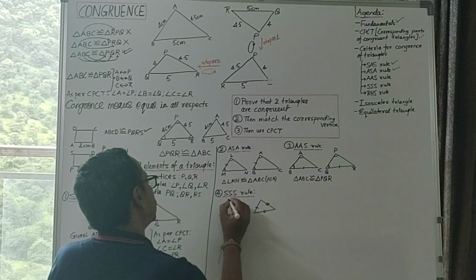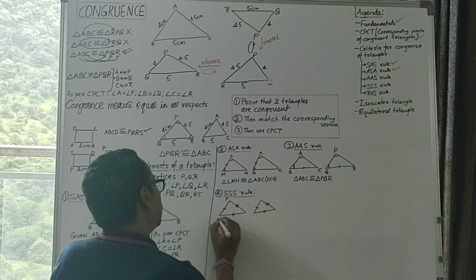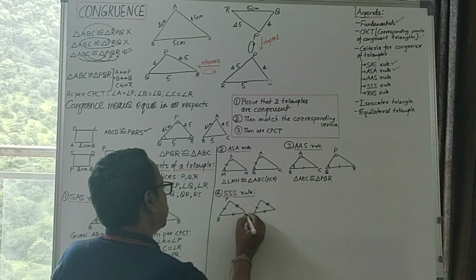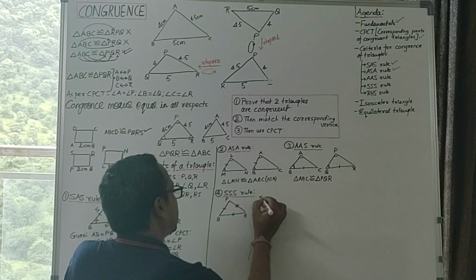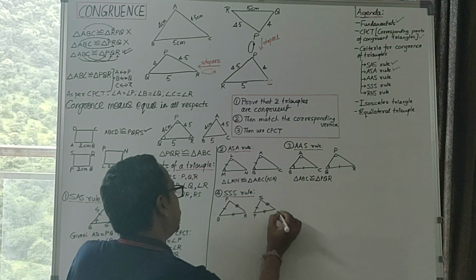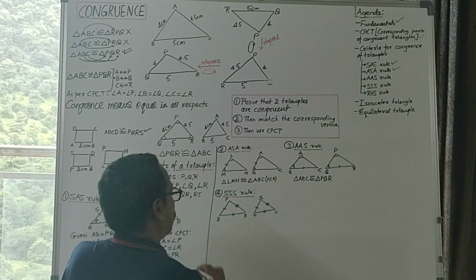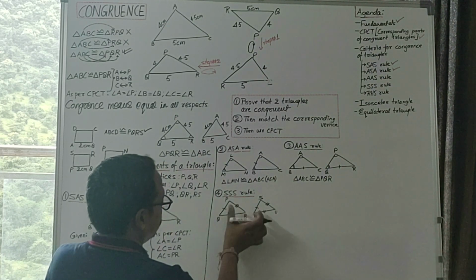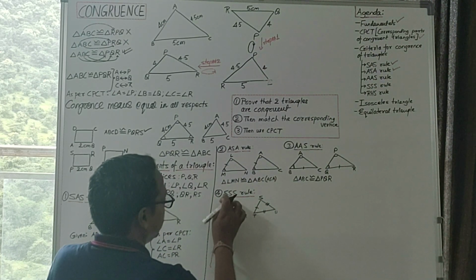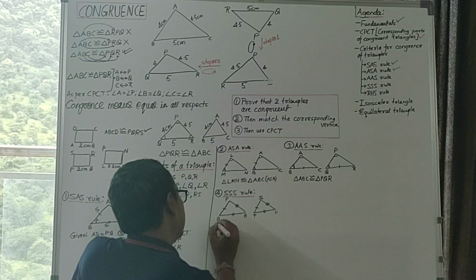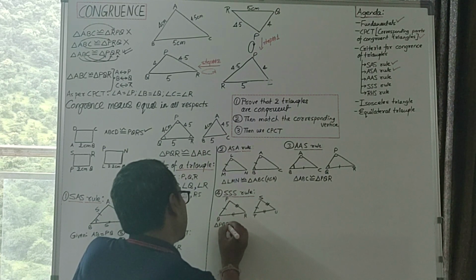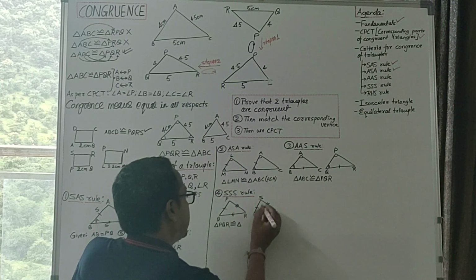Let's call this triangle PQR and this triangle STU. Since all the corresponding sides are equal, that is what we call SSS, side-side-side. In this case, triangle PQR is congruent to triangle STU.